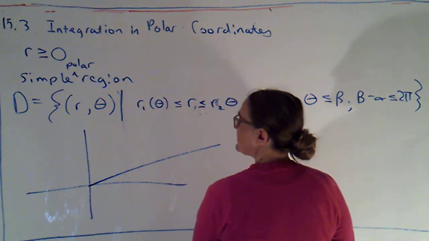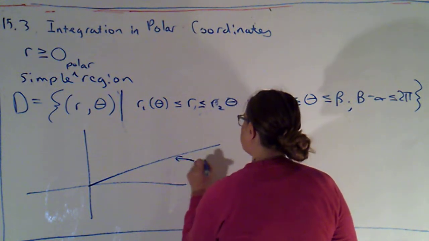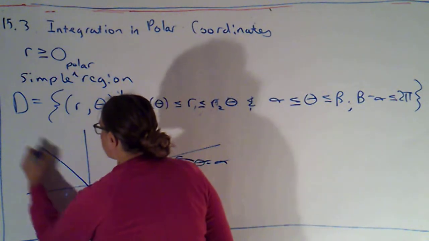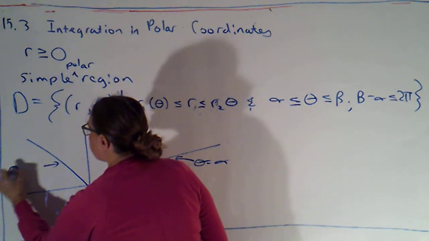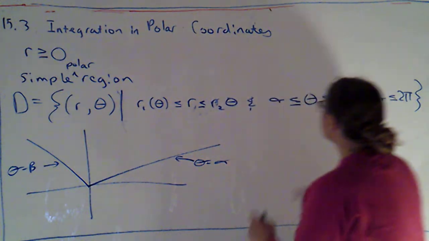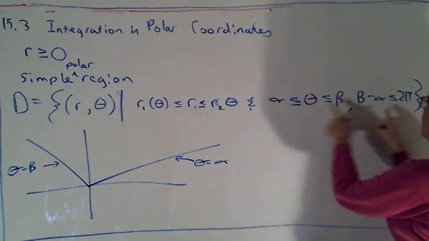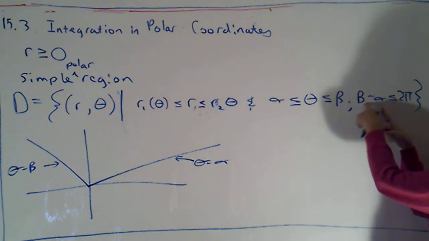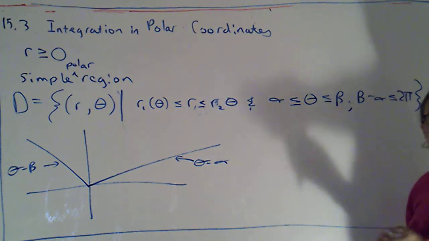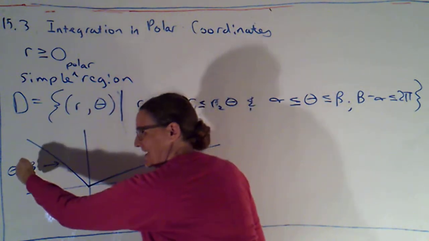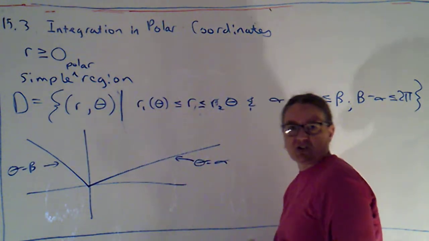So let's say this is the ray, theta equals alpha. And let's say this is the ray, theta equals beta. Okay. So I've got these two theta boundaries that are these rays. The rule is that the difference between beta and alpha has to be less than or equal to 2 pi. That's just saying you can't go around and repeat the region. You can only count the region once.